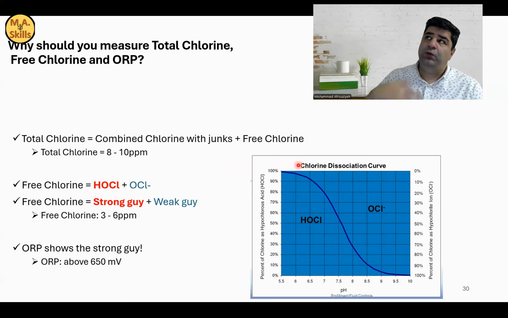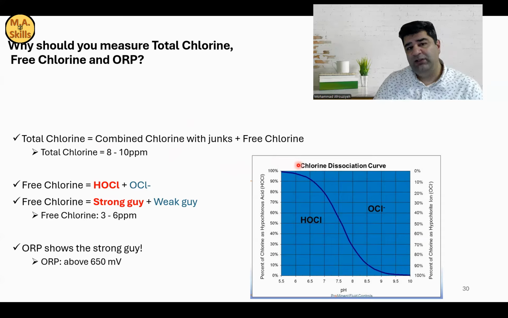It means that when you are adding chlorine in water, some part of this chlorine is going to combine with junks in water, which is not effective. And the rest of the chlorine, we call it free chlorine, shows the disinfection potential. So this is really important for us. That's why total chlorine should be 8 to 10 ppm.